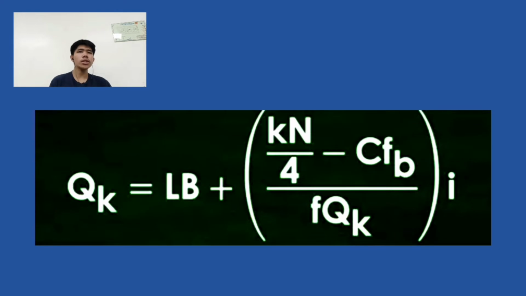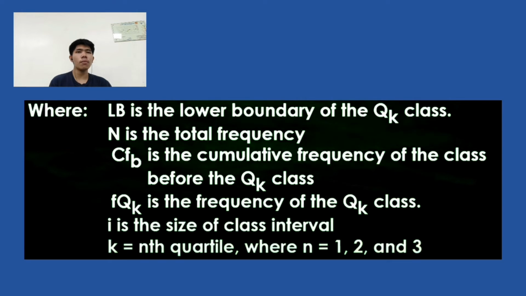So we have Q sub k equals LB plus the quantity kN over 4 minus CFB over FQk, times I, where LB is the lower boundary of the Qk class, N is the total frequency, CFB is the cumulative frequency of the class before the Qk class, FQk is the frequency of the Qk class, I is the size of class interval, K is equal to the nth quartile, where n is equal to 1, 2, and 3.